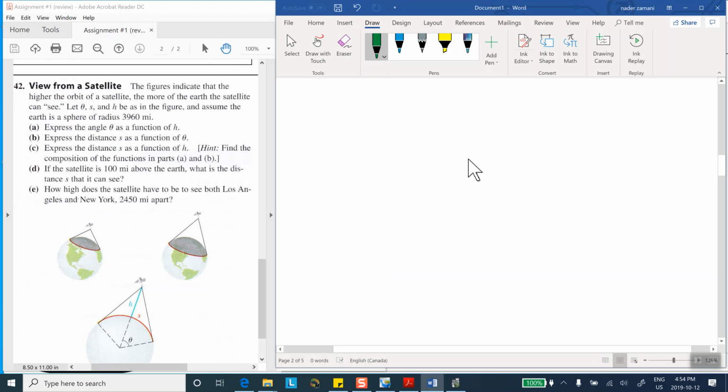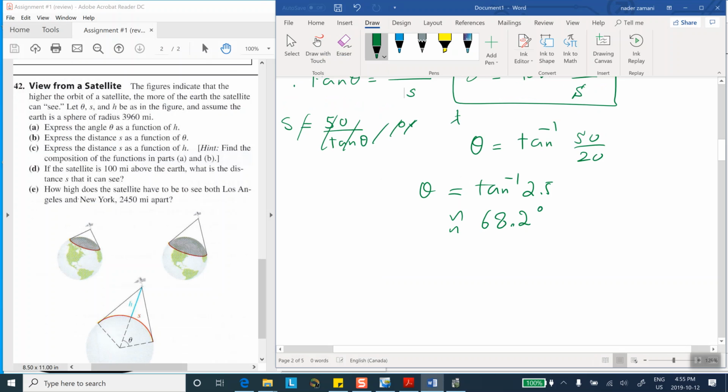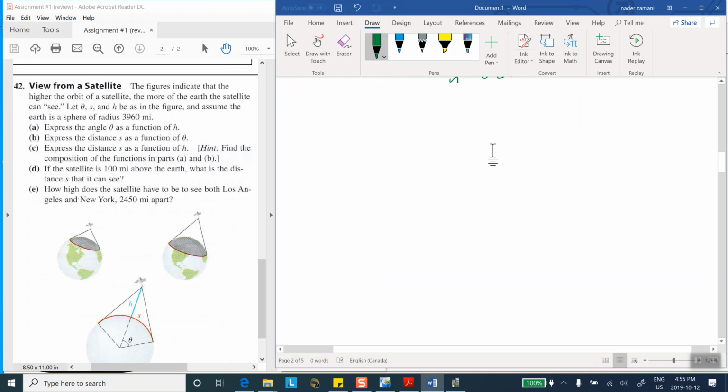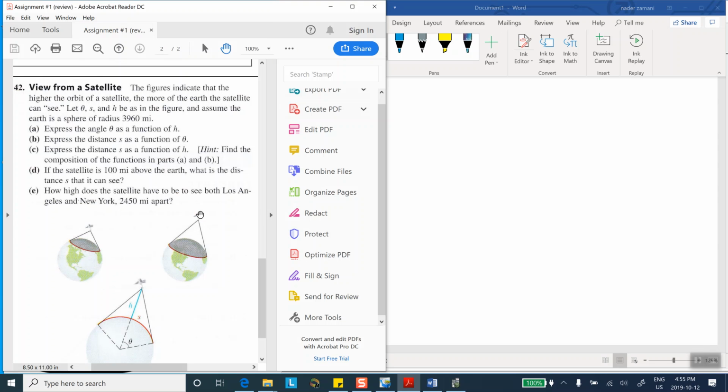All right, so number 42. The figure indicates that the higher the orbit of a satellite, so we have a satellite here, and it has some altitude from the ground.